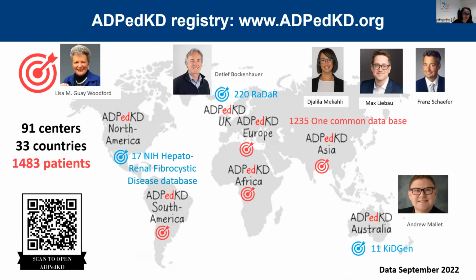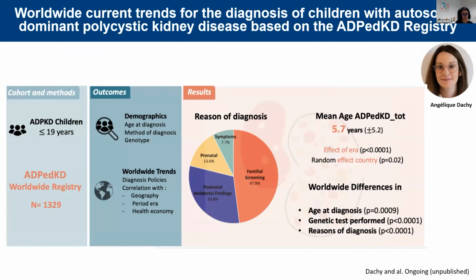Then the story went further, and we are very pleased that the other ADPKD registries, which were already ongoing in Australia, in North America, and in the UK, and Lisa, Detlef, and Andrew joined this adventure, and we are aiming to join our forces to get this initiative worldwide.